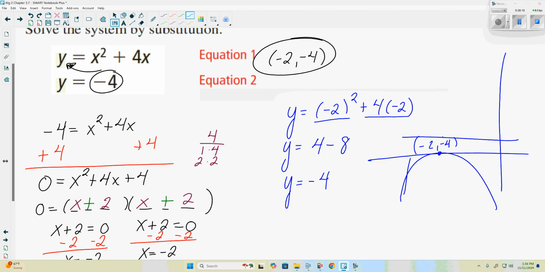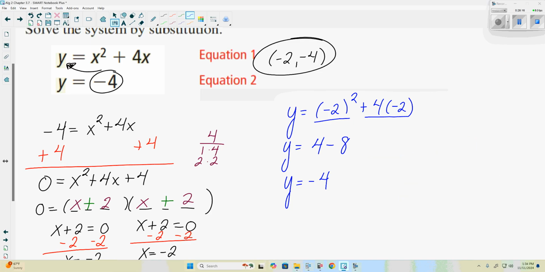Or actually, it might be going the other way. I'm trying to draw this. All right, third time's the charm. Because here would be our y equals -4, our point. Yep, there we go. That's what the graph should look like. All right, questions on this here? We're ready to look at the next one.